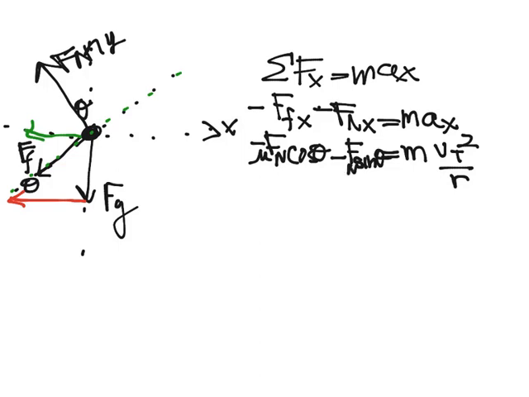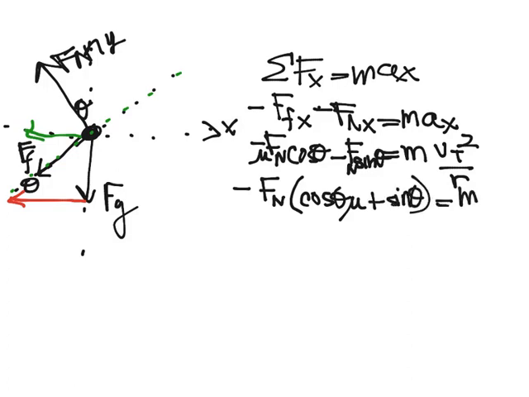Again, we can't do anything yet because we don't know a number for Fn, but I'm actually going to factor Fn out, so I have minus Fn, and I factored the minus sign out, equals cosine theta times mu plus sine theta.